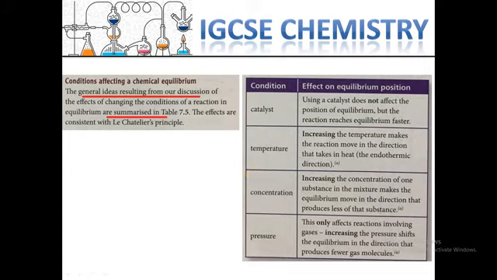Catalysts, as I said, don't affect the position of dynamic equilibrium, or the reversible reaction, but they just make the reaction faster. So for temperature, we learned in the example of the Haber reaction that reducing temperature can be an appropriate strategy. And concentration, so concentration has not changed during the reverse reaction.